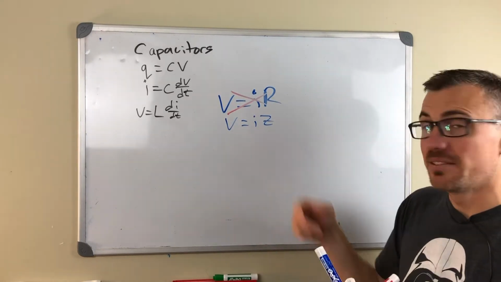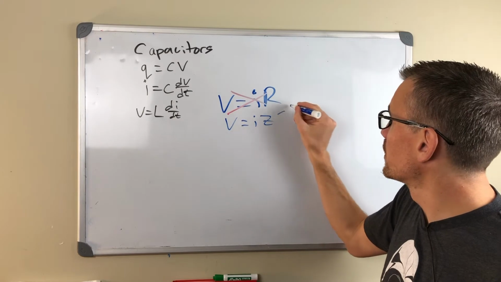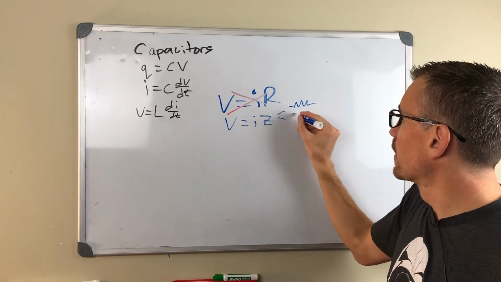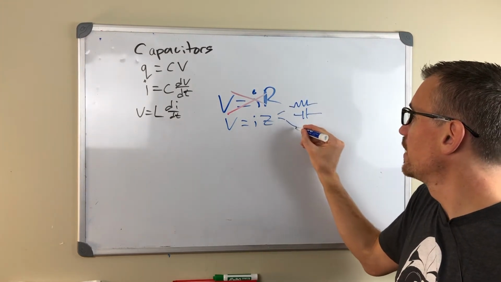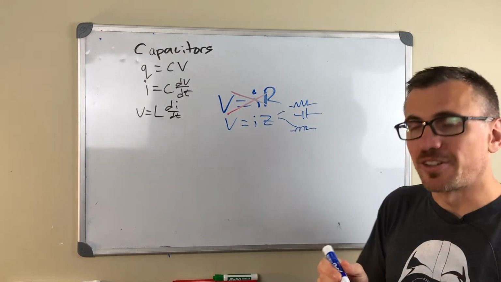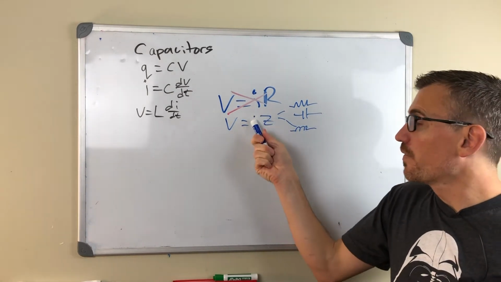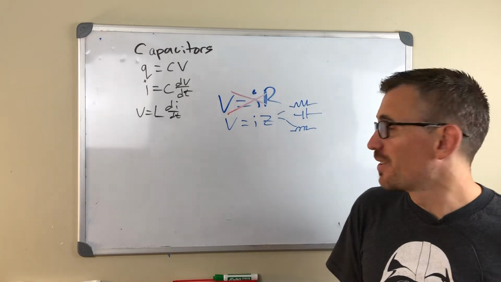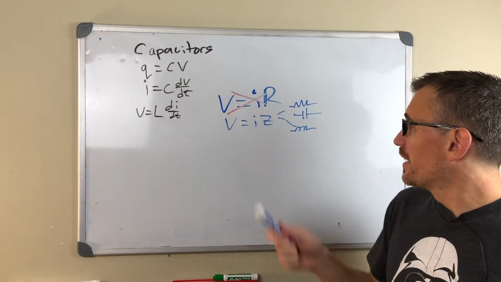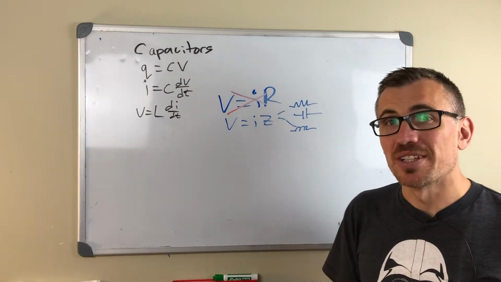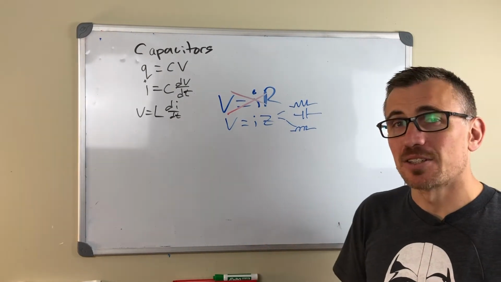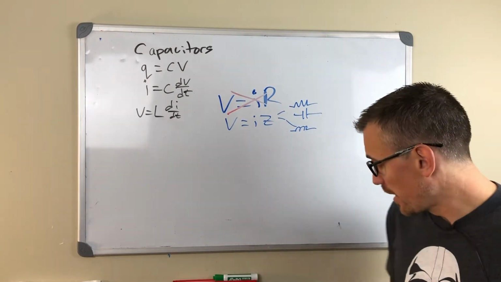Now this Z could be a resistor, a capacitor, or an inductor. And all of the stuff we've done with Kirchhoff's laws and Thevenin equivalence still applies, except we now have this more general Z, which is an impedance, not just a resistance. So let's get to that.